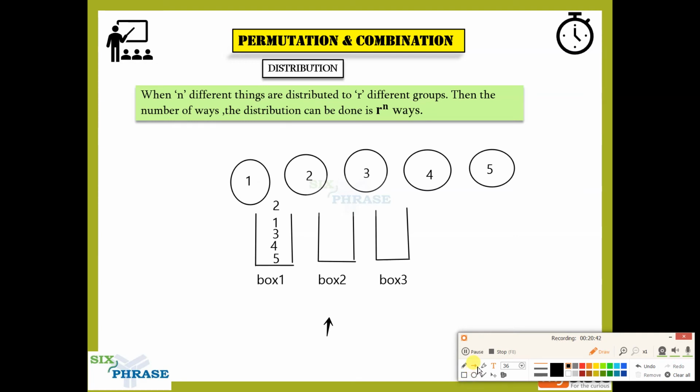B1 B2 B3 B4 B5, they are all different balls. If they are the same, we'll call it identical. When the balls are identical, there is another way of doing it, so we'll see that. But this is when the balls are different.